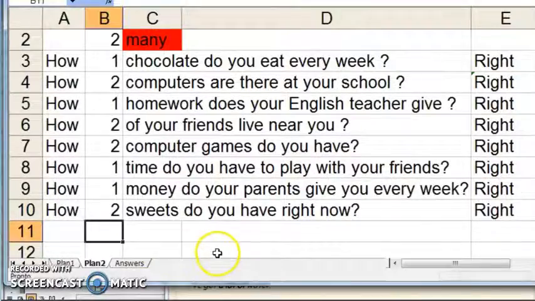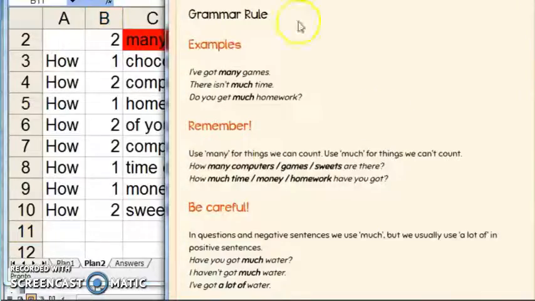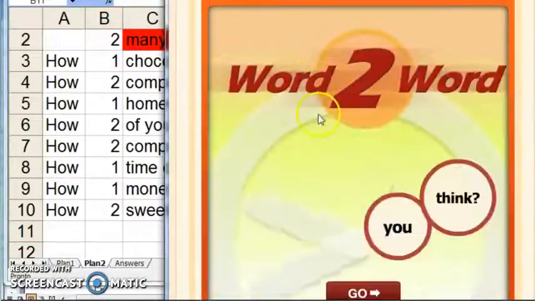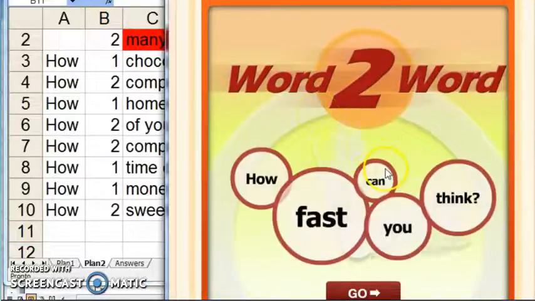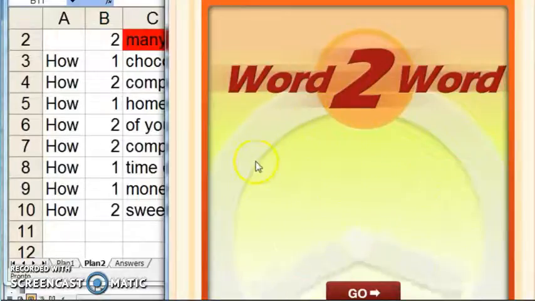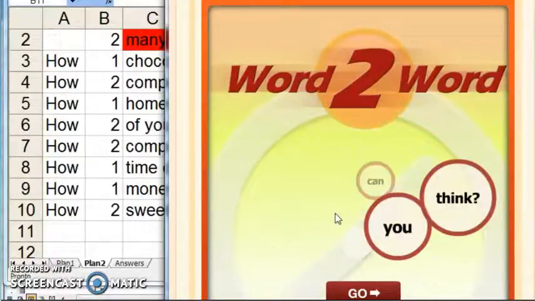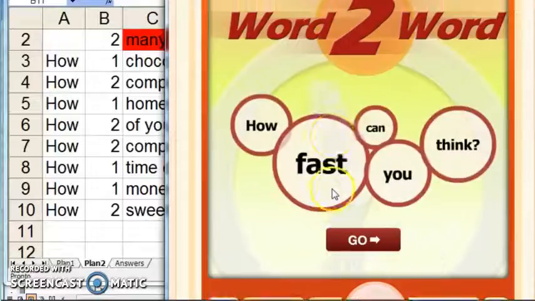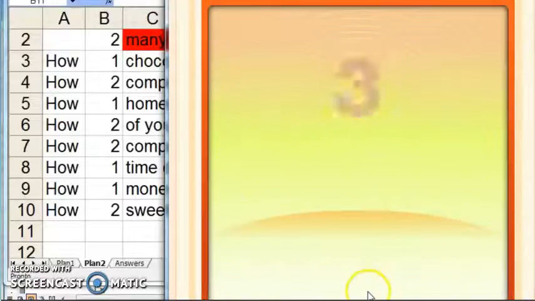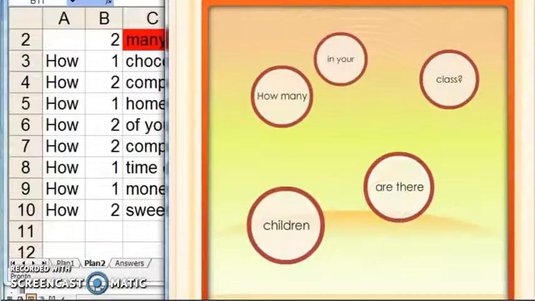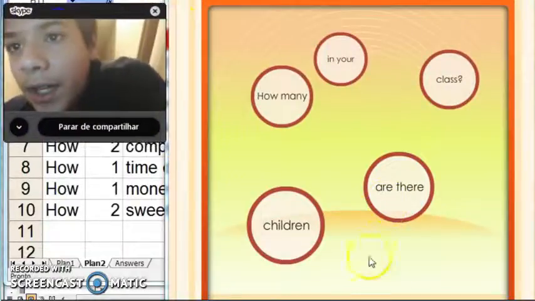So let's play another game so that we can reinforce this knowledge. In this game here, we're going to read the words in the right way for me, okay? So let's do this. How many children are there in your class?